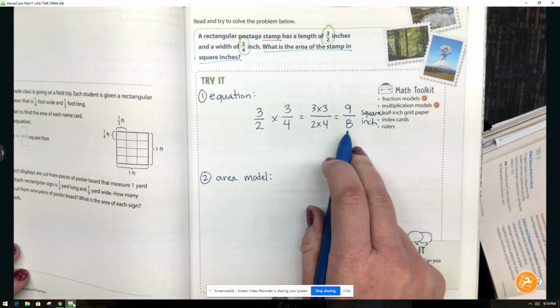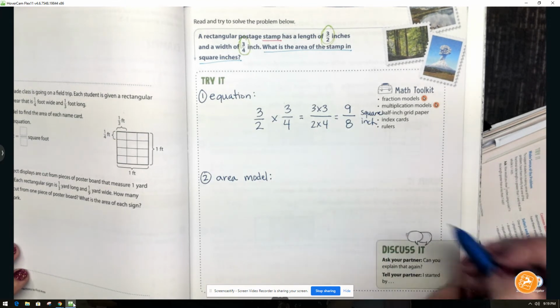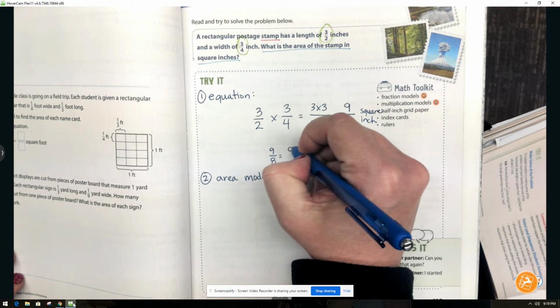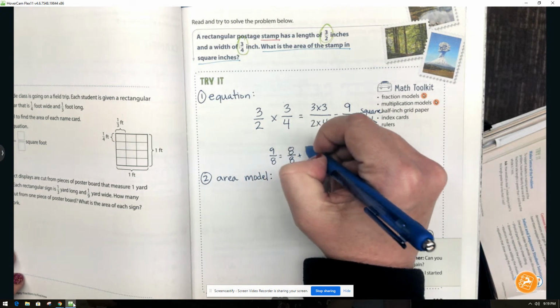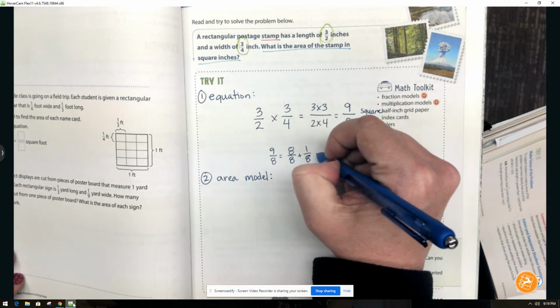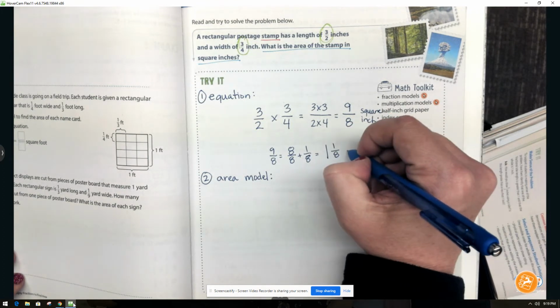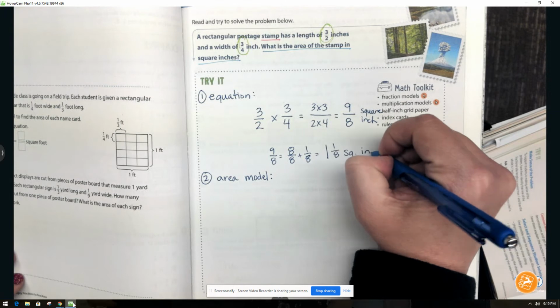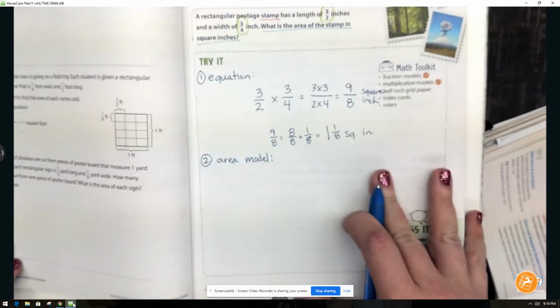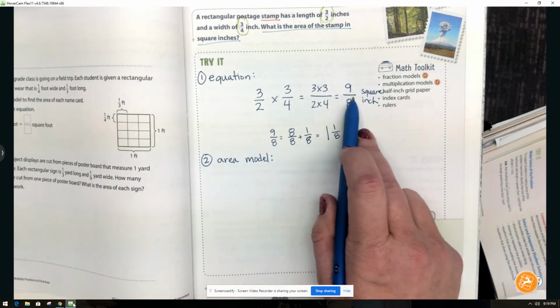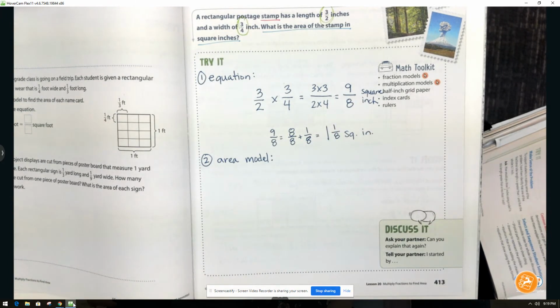We also know that we can take this improper fraction and turn it into a mixed number. 9/8 is equal to 8/8 plus 1/8, which is equal to 1 and 1/8 of a square inch. So now we know our answer. We're looking to get 9/8 of a square inch or 1 and 1/8 of a square inch.